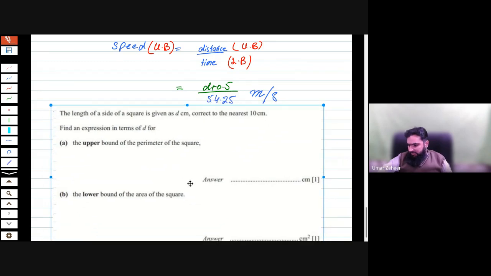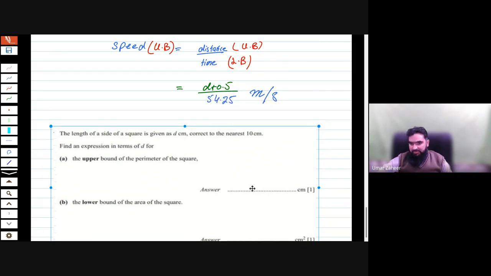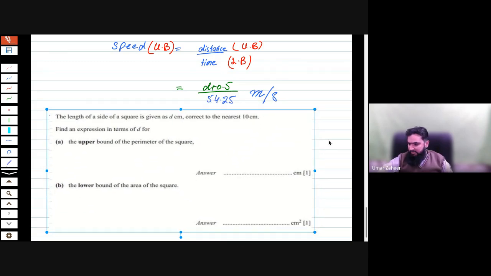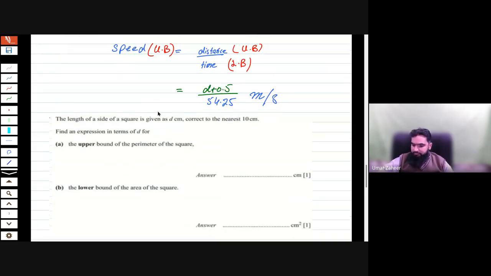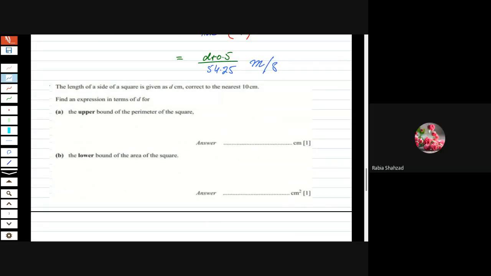All right, so now we have the next one. Yes, Rabia, please read the question. The length of a side of a square is given as d centimeters, correct to the nearest 10 centimeters. Find an expression in terms of d for the upper bound of the perimeter of the square.